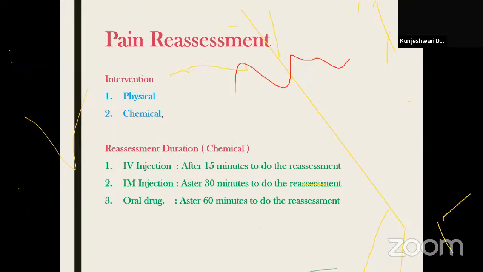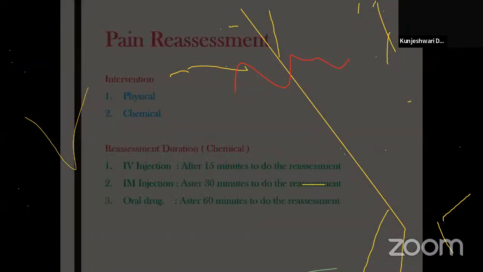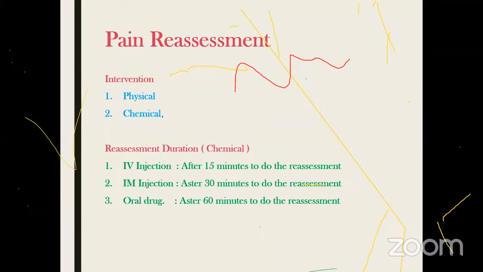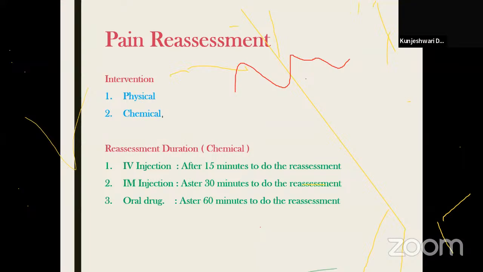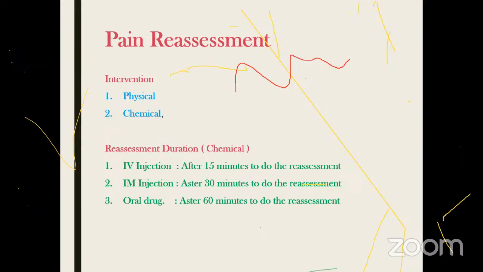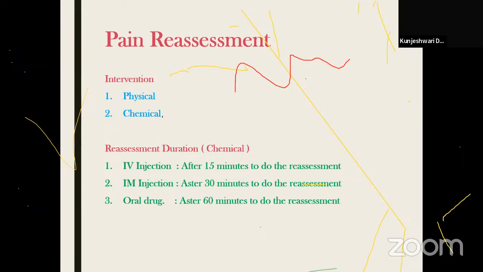Okay, so this one thing I want all of you to understand. So pain reassessment, please make it very clear. When a patient is complaining of pain, you go with one of your scales, assess your patient, come to the conclusion, your rating is 8, whatever it is.